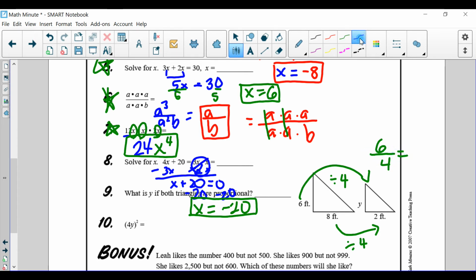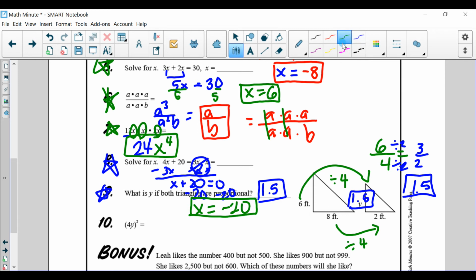Then you'll notice that if you divide both sides by 2, we get 3 over 2, which is the same as 1 and a half. So y's value is going to be 1.5. Alright, that was kind of tricky. How'd you guys do that one?